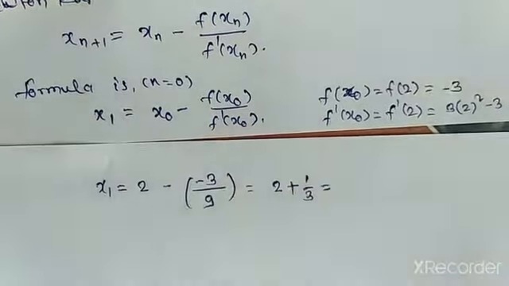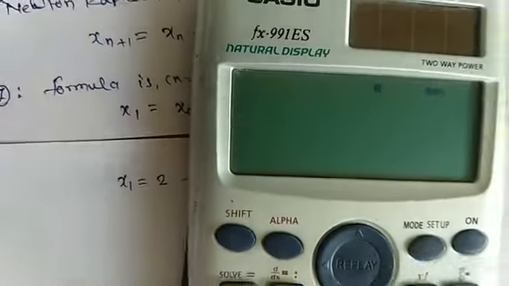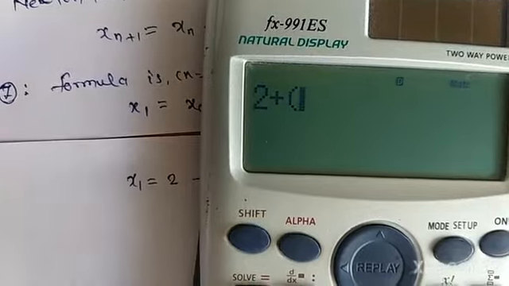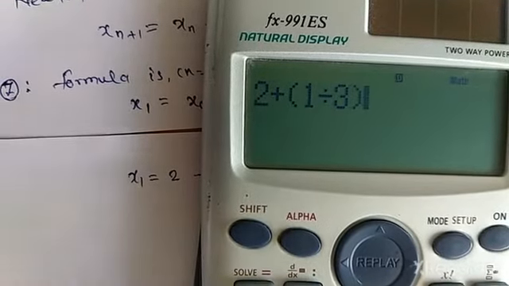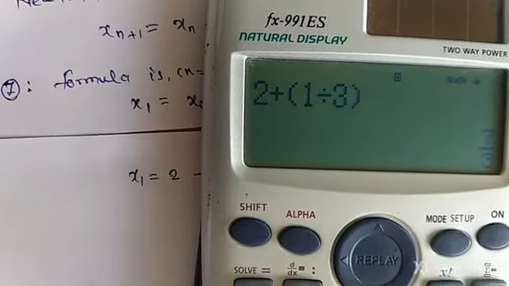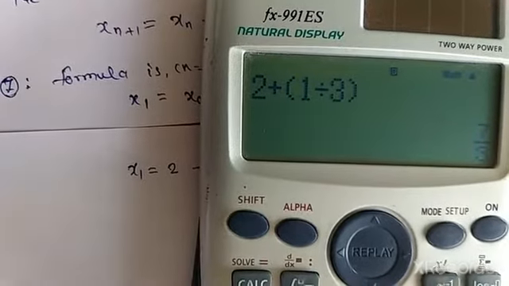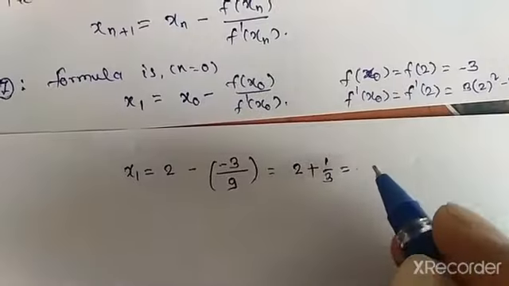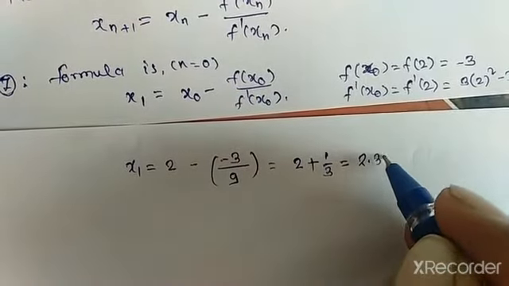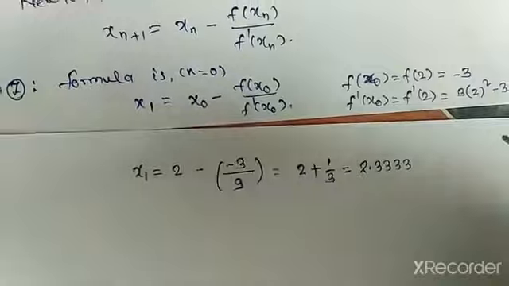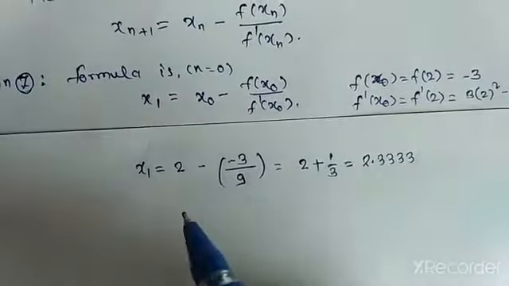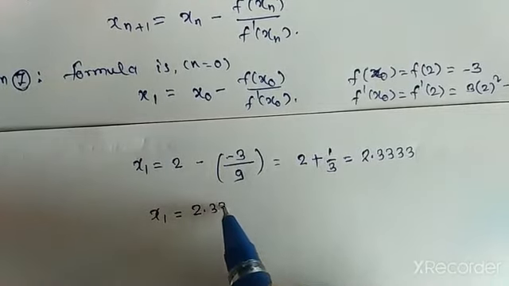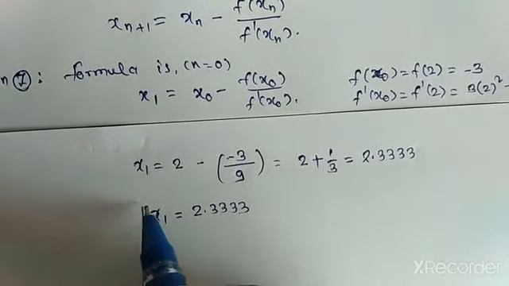So it will be calculated on the calculator as 2 plus 1 divided by 3, which is equal to 7 upon 3, or you may write it as 2.3333. Okay. So this is our first iteration. At first iteration we get x1 is equal to 2.3333.